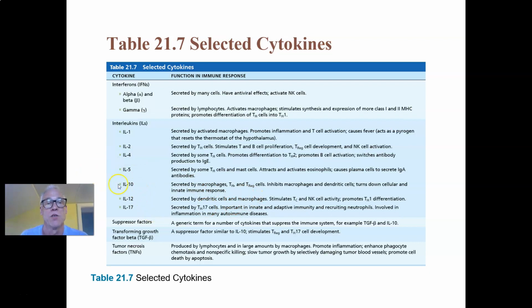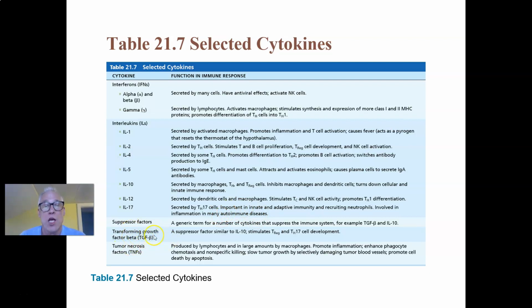IL-10 is an immune suppressive interleukin to modulate things so things don't just take off in a crazy direction with no dampening whatsoever. IL-17 may turn up in a later slide, which is a cytokine that is pro-inflammatory and is thought to be involved in the propagation of autoimmune diseases.